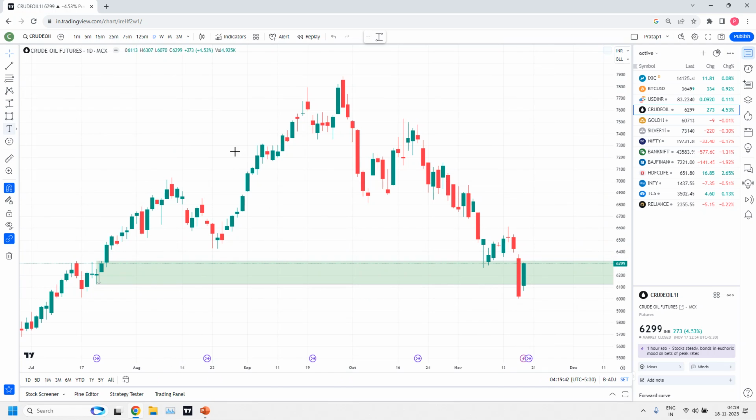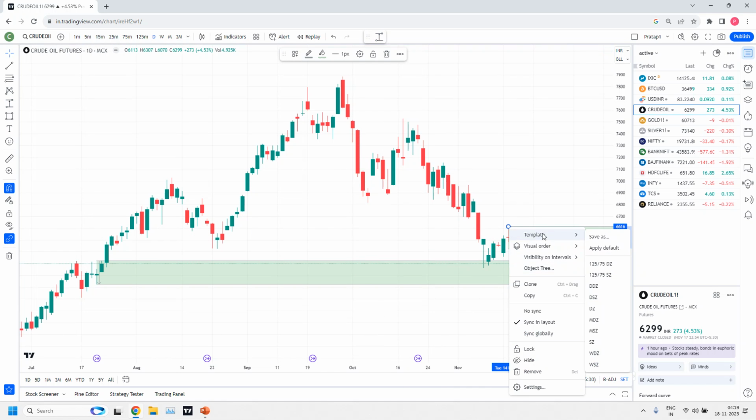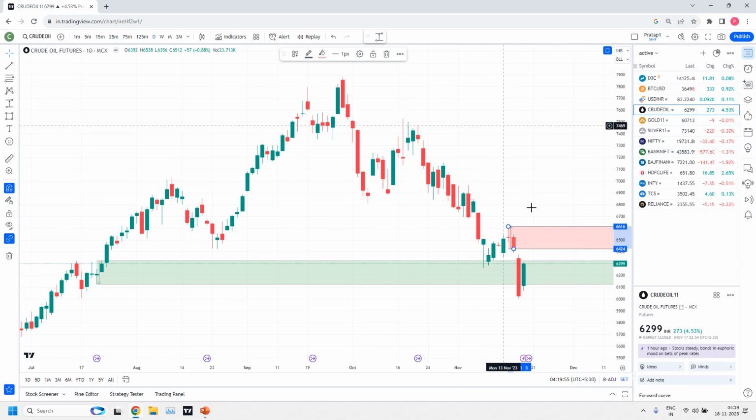So, now let us draw this supply zone. I am changing the color.